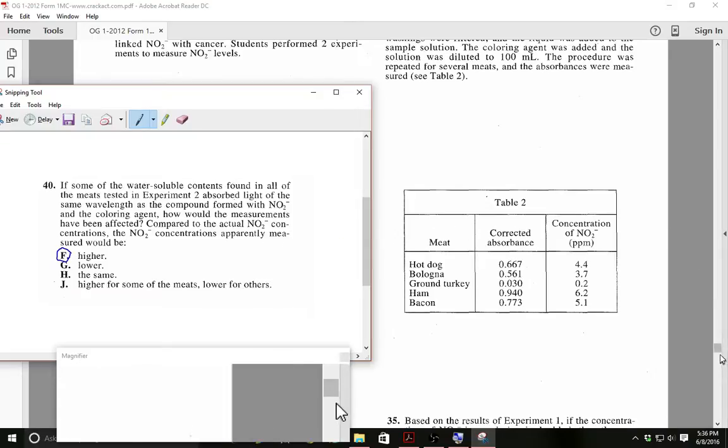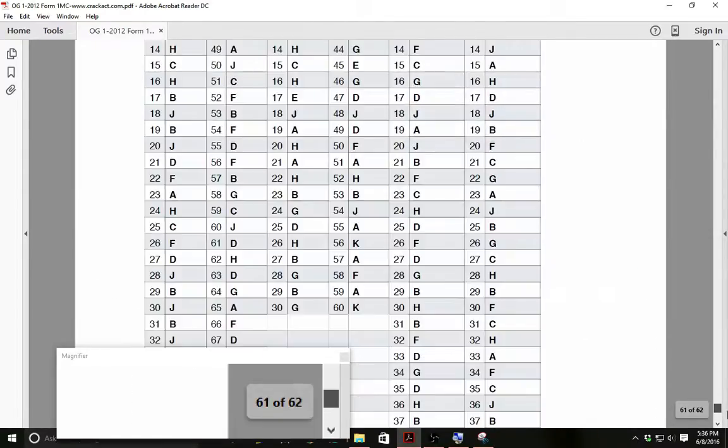So let's check. 40 should be F. Yep, I was right. 40 is F.